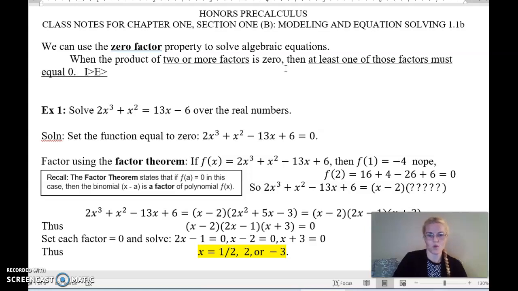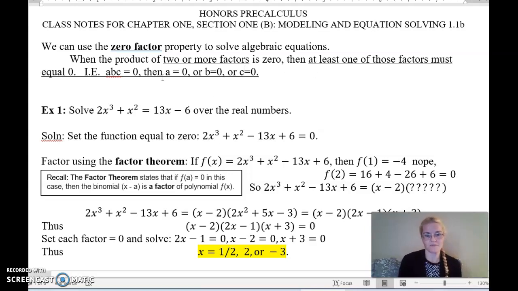So for example, if you had ABC is equal to 0, then either A is 0, or B is 0, or C is equal to 0. So let's look at this first example here.